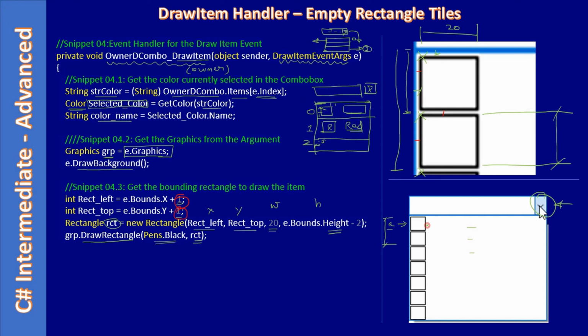And for each item, the draw item event will get fired, and you provide a handler here. So since the event is fired 7 times, we will be handling it 7 times, and each time, based on the different coordinates x and y, we will be drawing the tile. That's why you are seeing 7 tiles here on the left.